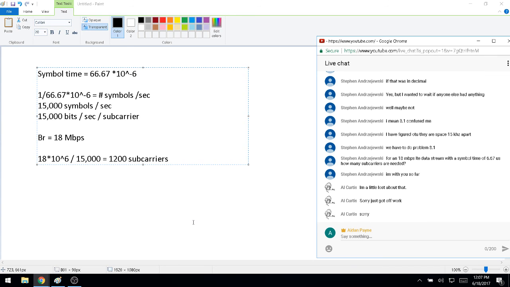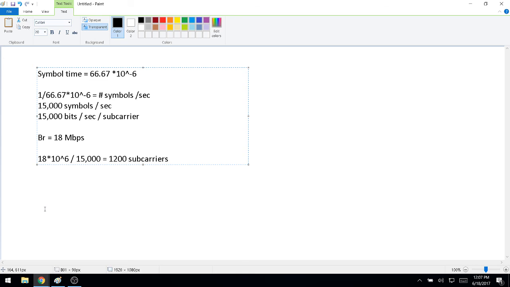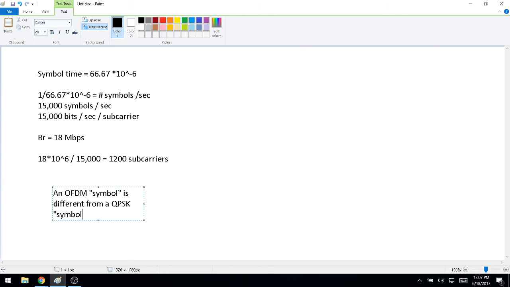So on page 241, near the bottom of the page, the book basically says, and this is the important thing that we need to get, that an OFDM symbol is different from what we're used to saying, like a QPSK symbol.